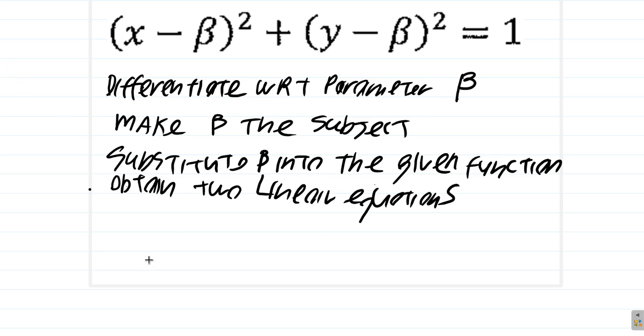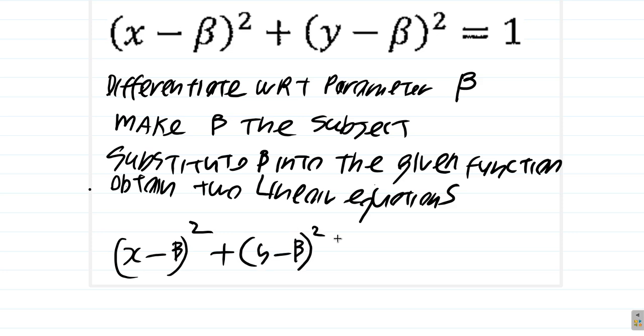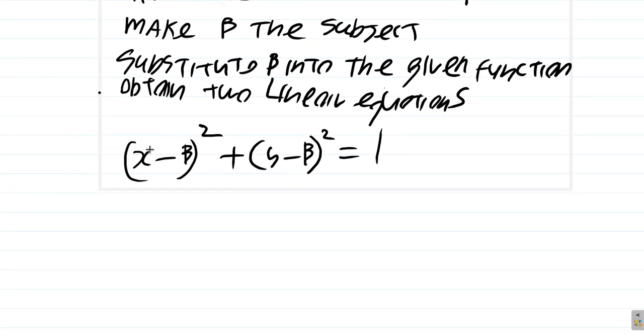Now, let's see how you deal with this. Differentiate with respect to beta. So you have (x minus beta) squared plus (y minus beta) squared is equal to 1. Now, if you should differentiate this with respect to beta, use the chain rule. You have to remember the chain rule. Suppose you have y equals (x minus beta) squared, and you say, let u is equal to x minus beta.